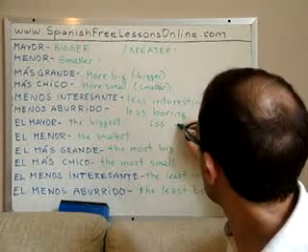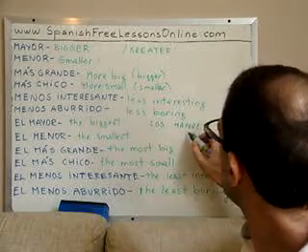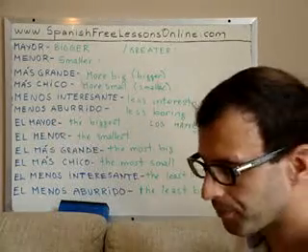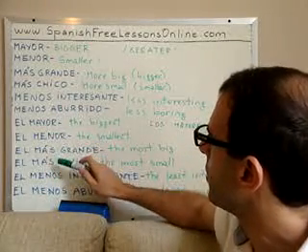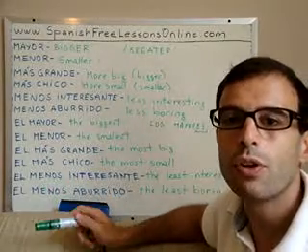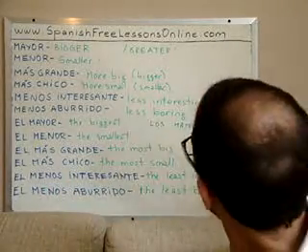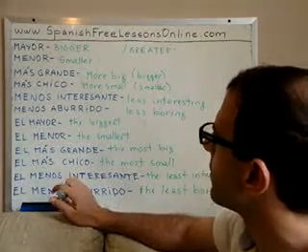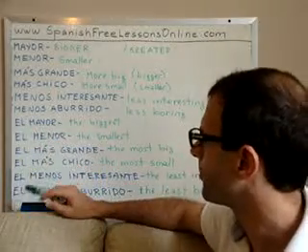You see how the word mayor becomes plural here. Same thing with grande, chico, you would say grandes, chicos, or chicas. So this is how we would say the biggest or the smallest. El mayor or el menor.